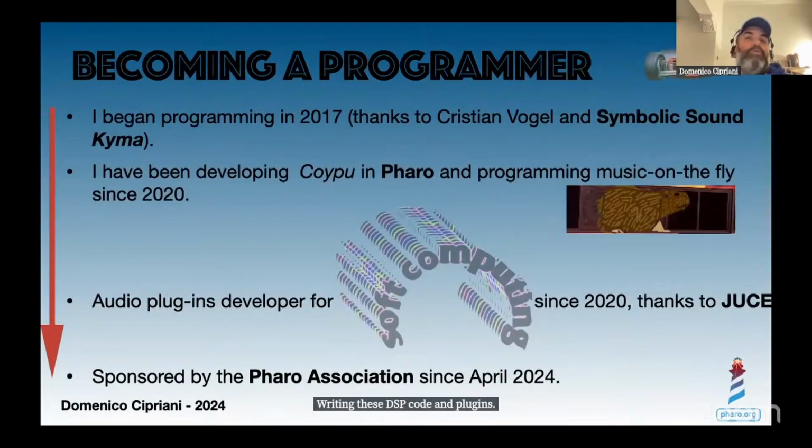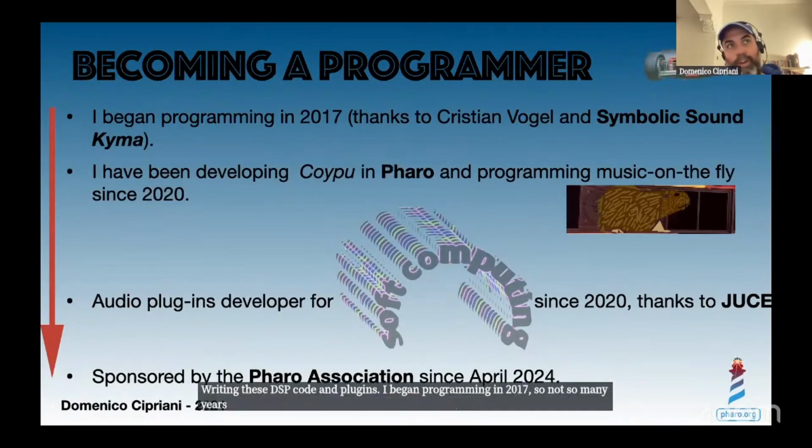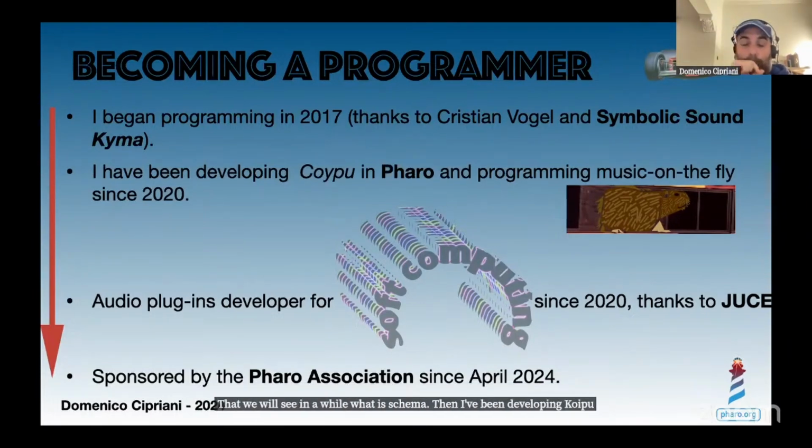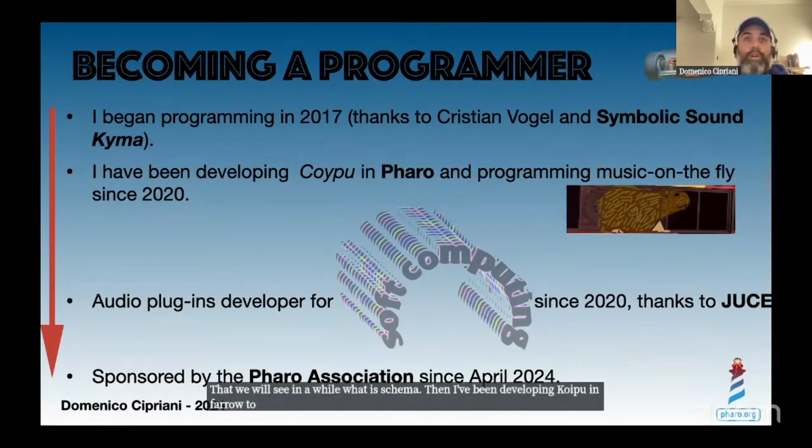I began programming in 2017, so not so many years ago, thanks to Christian Vogel and Symbolic Sound Kyma. We will see in a while what is Kyma. Then I developed Koipu in Pharo for programming music on the fly in 2020, and this was my first experience with Pharo.